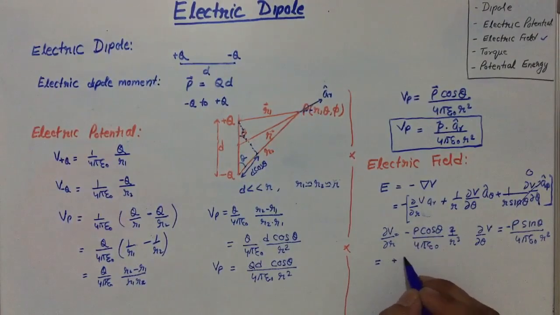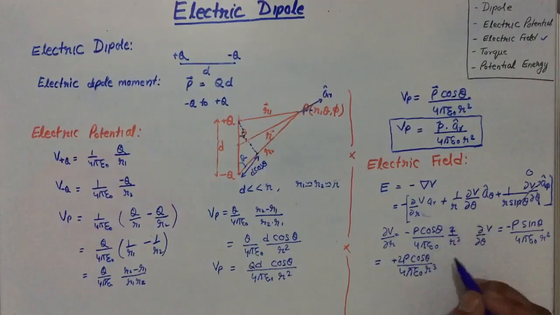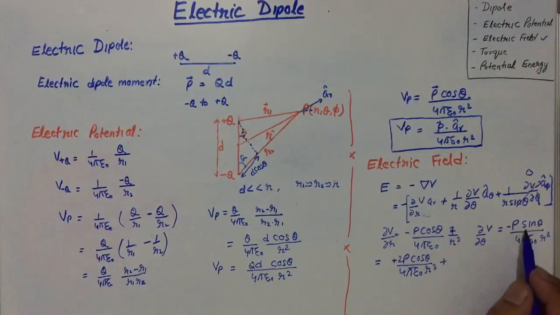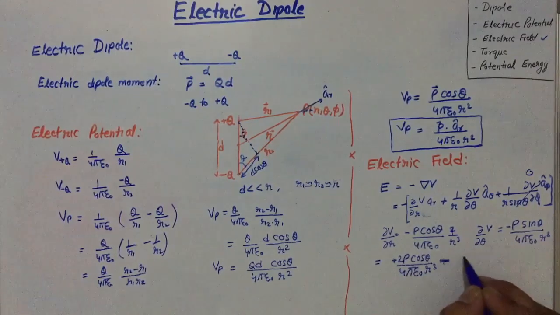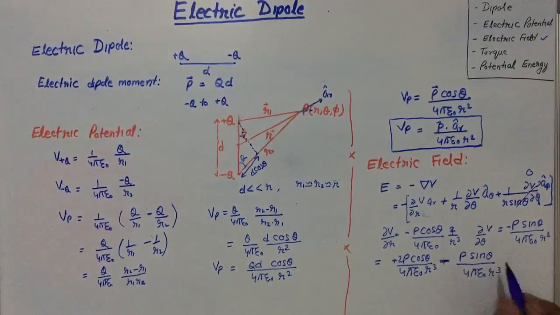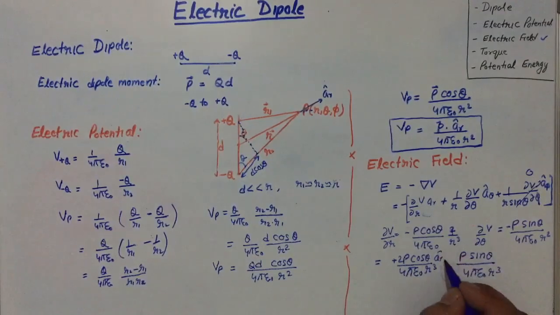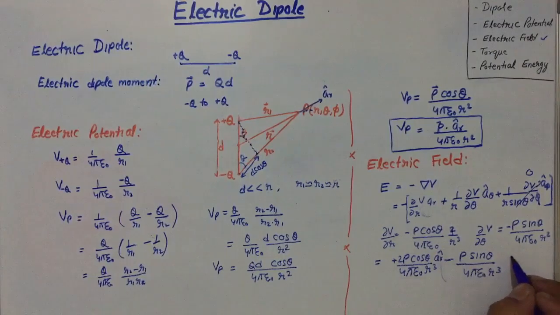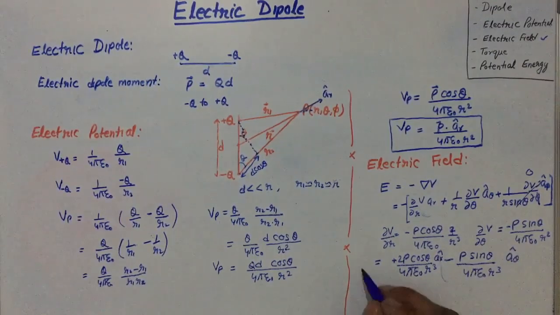So it should be plus 2p cos theta divided by 4 pi epsilon naught r cube in the direction of a_r, and minus p sine theta over 4 pi epsilon naught r cube in the direction of a_theta. This is the electric field.